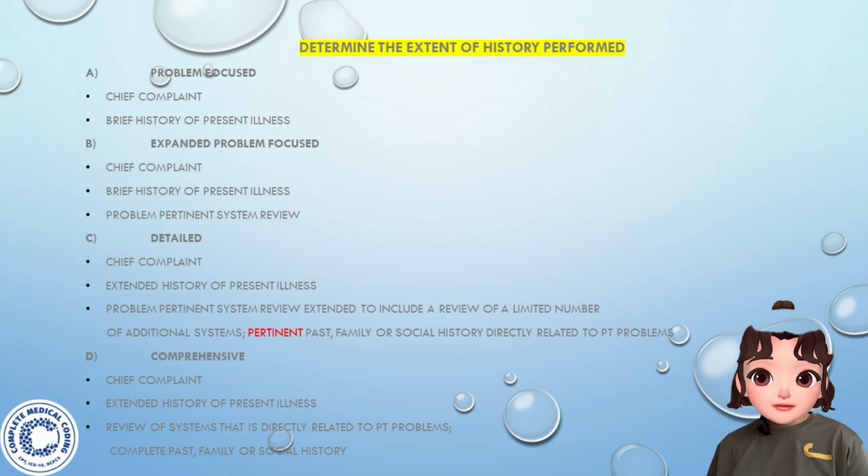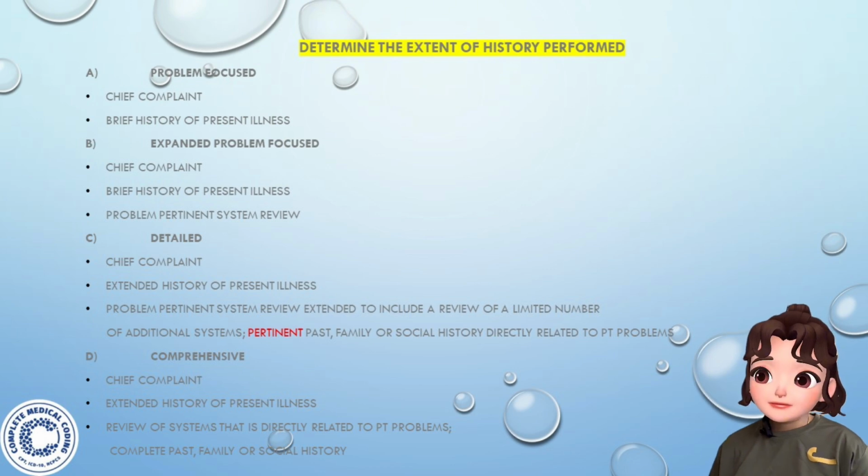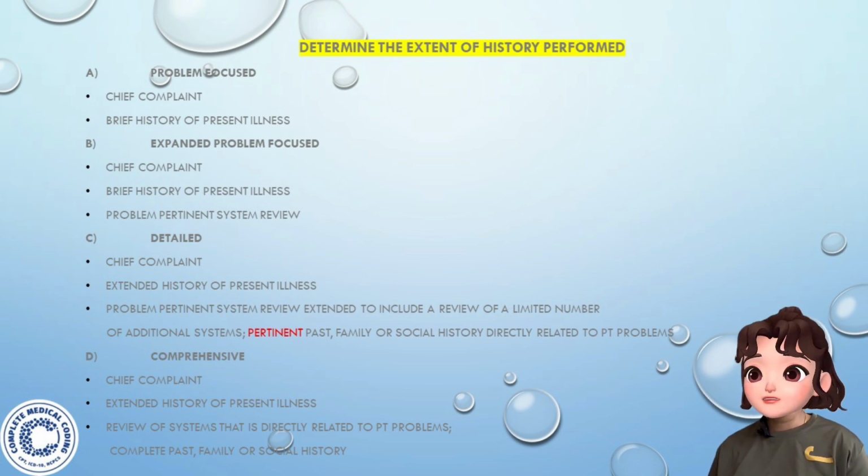If it is a comprehensive history, then all these will be included: chief complaint, extended history of present illness, review of systems directly related to the patient's problems, and a complete past, family or social history. If all these things are included, then it will be a comprehensive history.